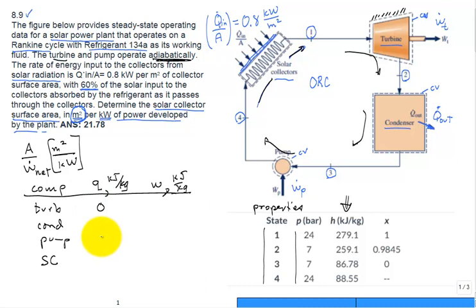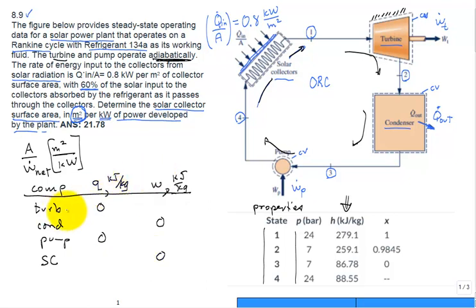So the pump, no heat transfer. The turbine, no heat transfer with the surroundings. All right. Then you'll also think about the condenser. It has no work transfer, no shaft in or out. Likewise, the steam generator or solar collector, 0. So half of this table is 0, and now we can populate the other half.